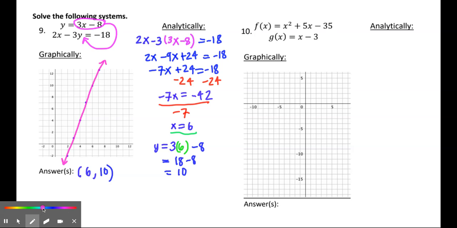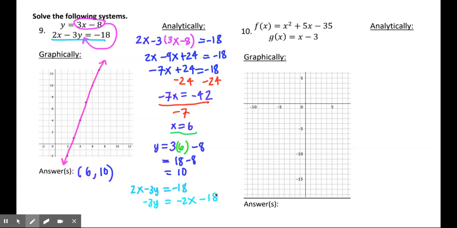Okay, and then for this one, you want to solve for y. So subtract 2x, and then you get negative 3y equals negative 2x minus 18. And then you divide by negative 3, and then you'll get positive 2/3 x plus 6.